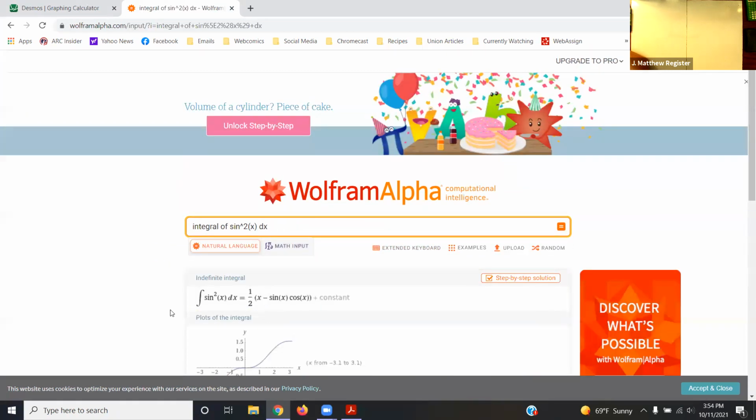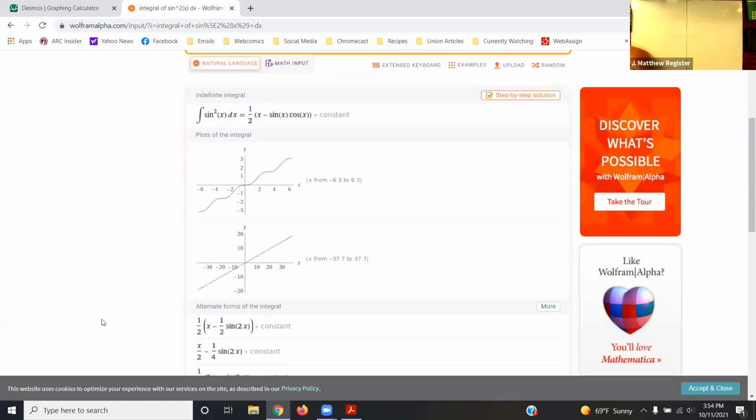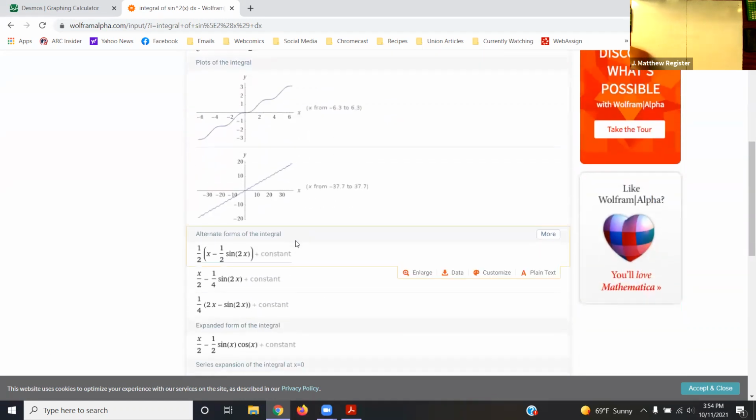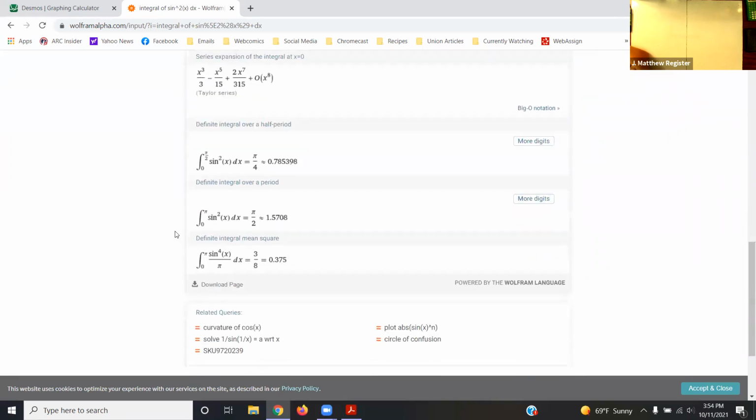So the integral of sine squared of x dx is equal to 1/2 of x minus sine of x cosine of x plus a constant. That's Wolfram Alpha. Wolfram Alpha is the tool which mathematicians use when they are doing computations, because it'll tell you that, and then it'll give alternative forms, it'll give you some graphs, and it'll tell you just about anything that you want to know about this.